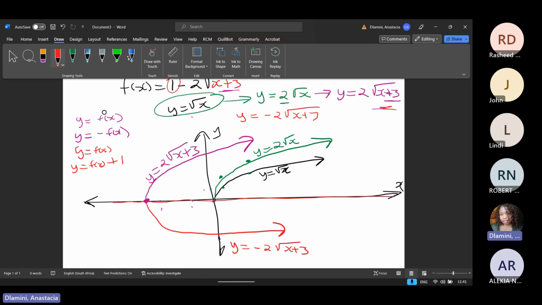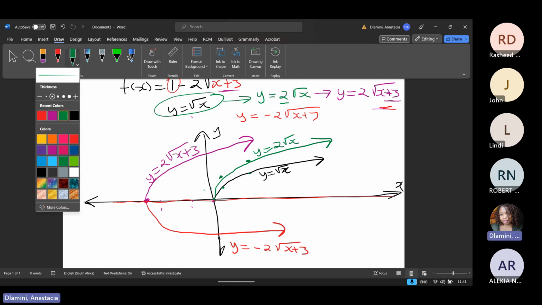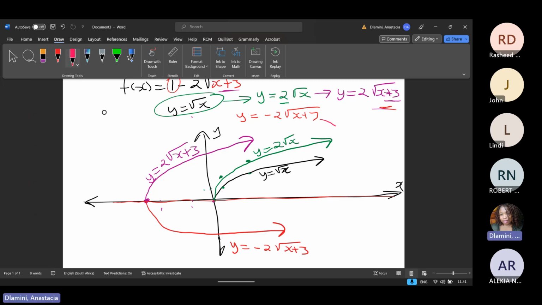But if it was y is equal to f of x minus 1, it means you have shifted the graph vertically downwards by 1 unit. In this case, our 1 is positive. So the red graph, choose this color, will be y equals 1 minus 2 square root of x plus 3.